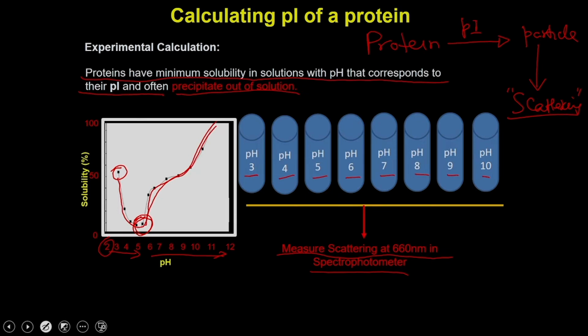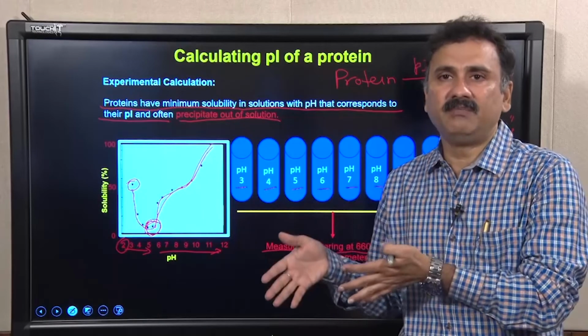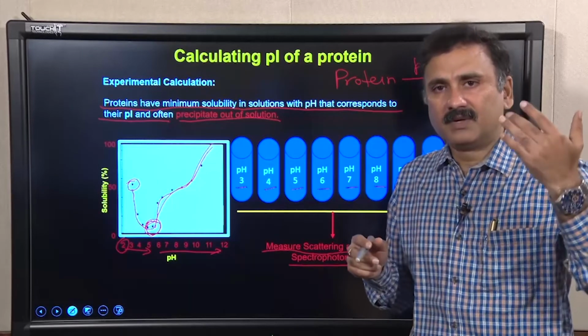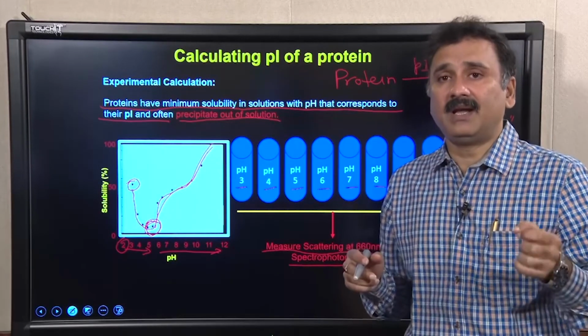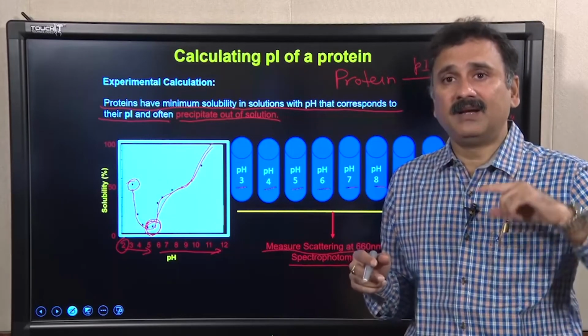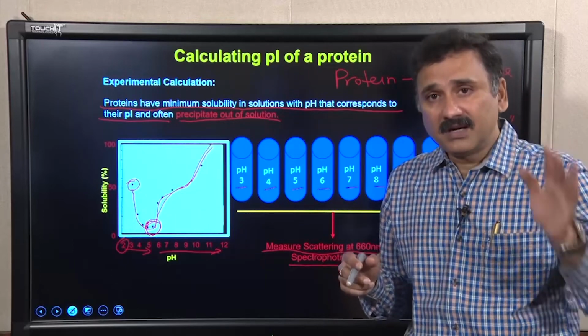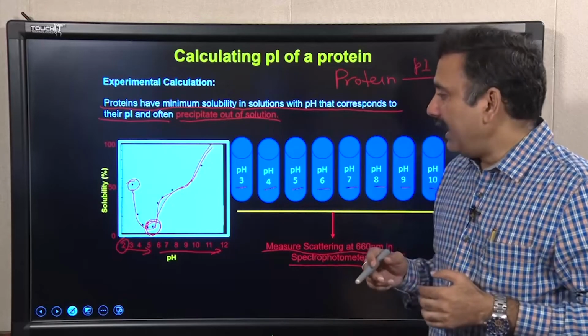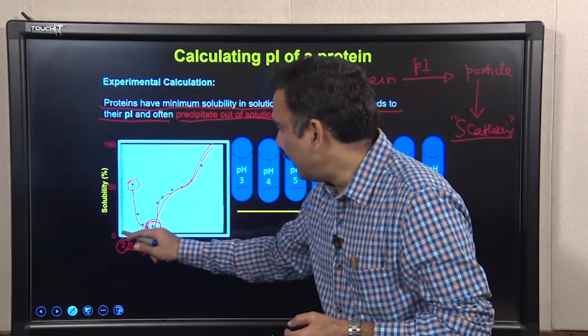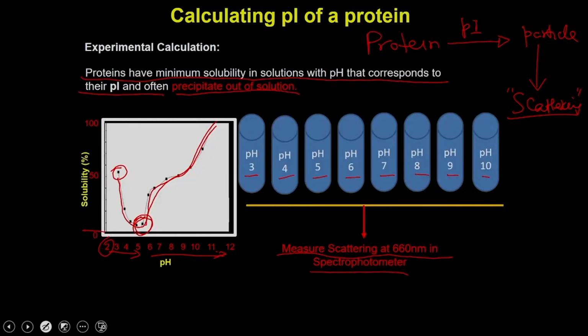If you plot the scattering versus the different pH, and you consider the maximum scattering as 0 solubility and the minimum scattering as 100% solubility, then the place at which the protein gives you the maximum scattering, or 0 solubility, is going to be considered the isoelectric point.